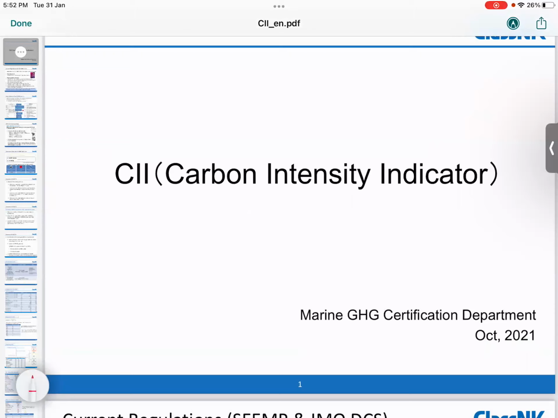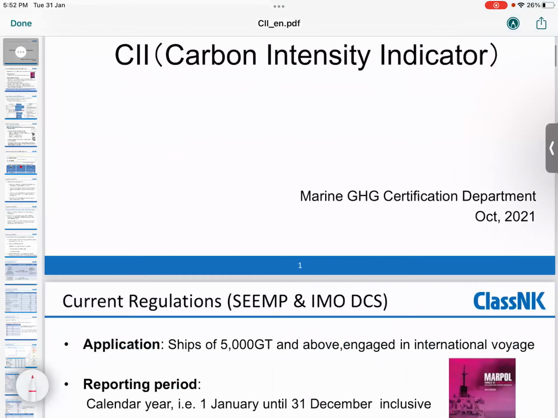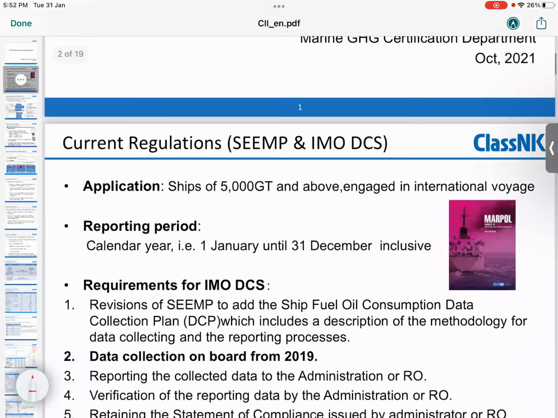IMO DCS क्लास 2 के लिए बहुत ज्यादा इंपॉर्टेंट है। Okay, and then we will do CII, right? These three topics are remaining mostly, and then some questions we'll discuss. So maybe one day more, but anyway, this is an important topic.